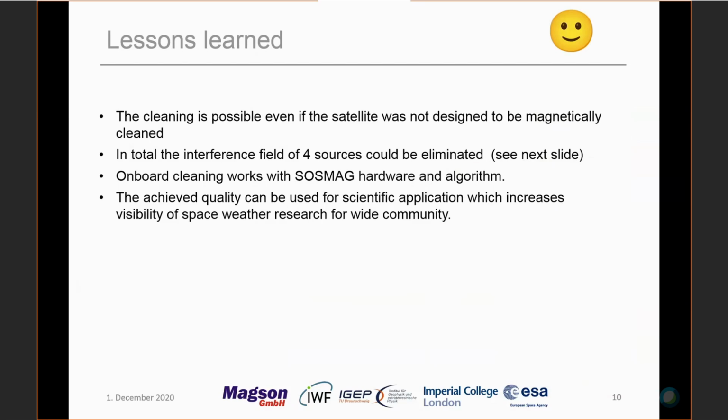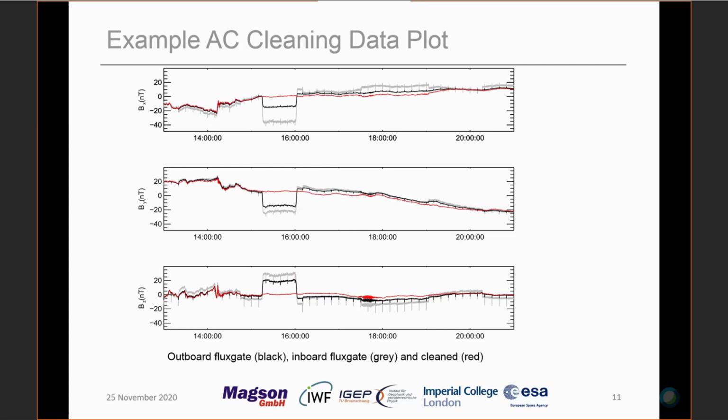We see it in the next slide. The onboard cleaning works with the SOSMAC hardware and also with the algorithm, and the achieved data quality is used for scientific application. This slide shows an example data plot.